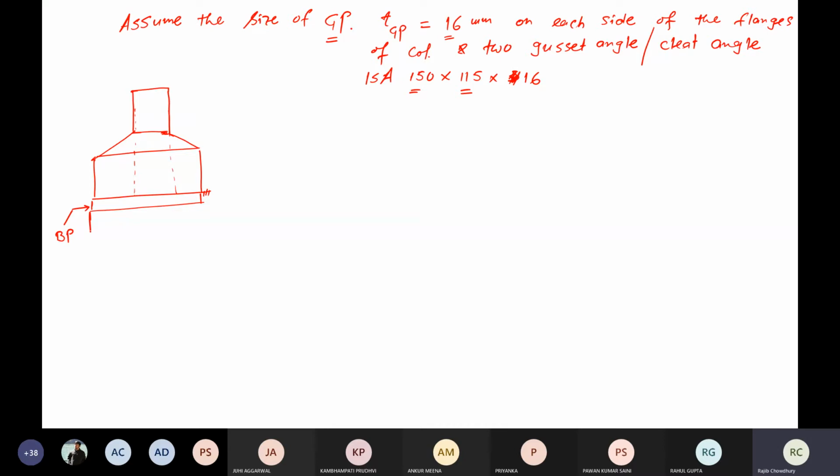Below it there would be the different base pressure. So let's say this is my base pressure, it is coming something like this way.